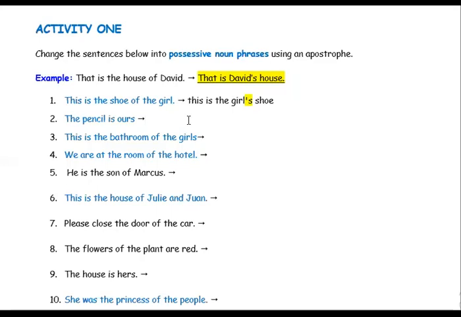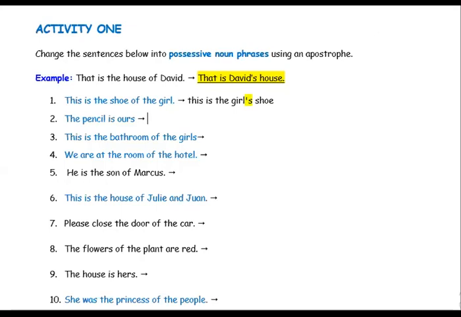So tell me, does it get an apostrophe, or do we leave out the apostrophe? The pencil is ours. Leave it out. Well done.